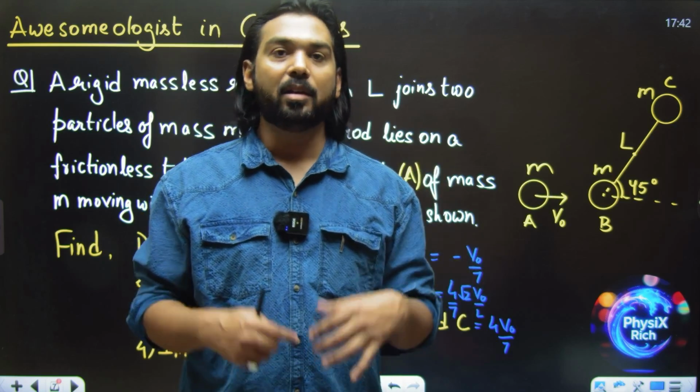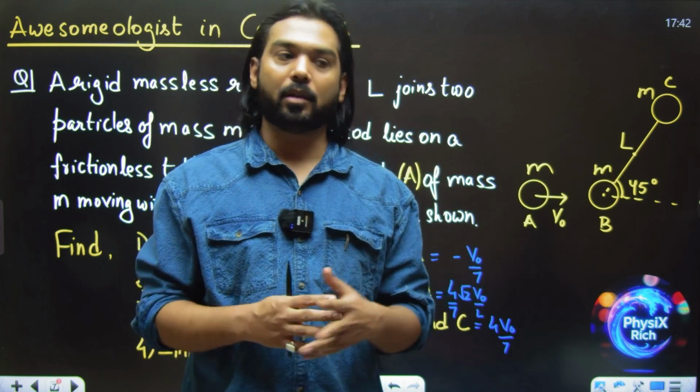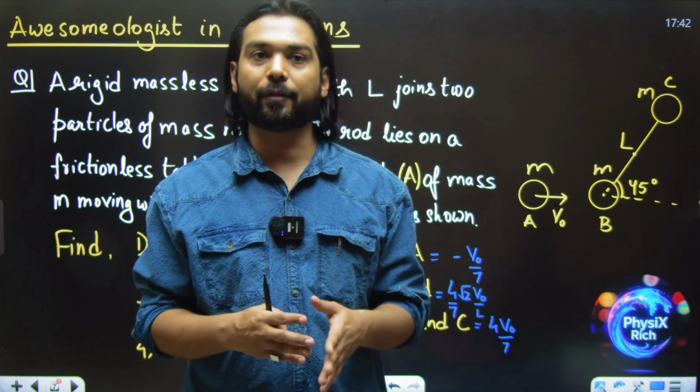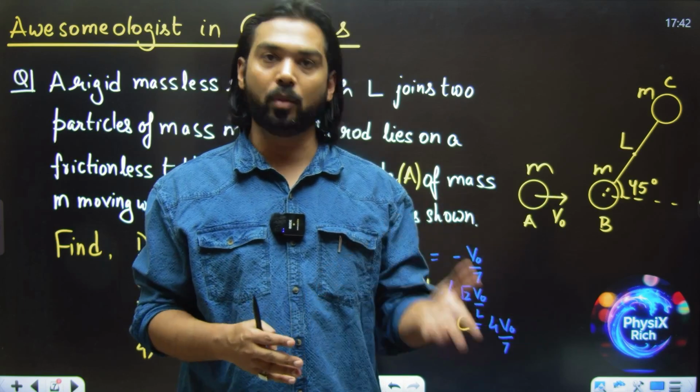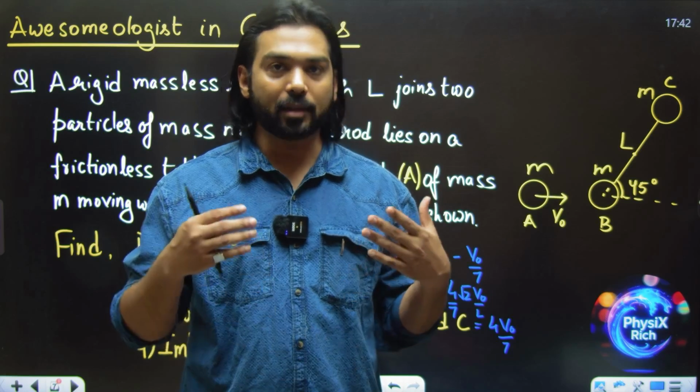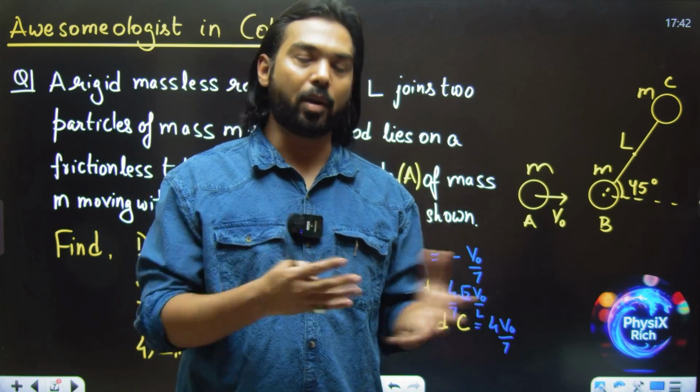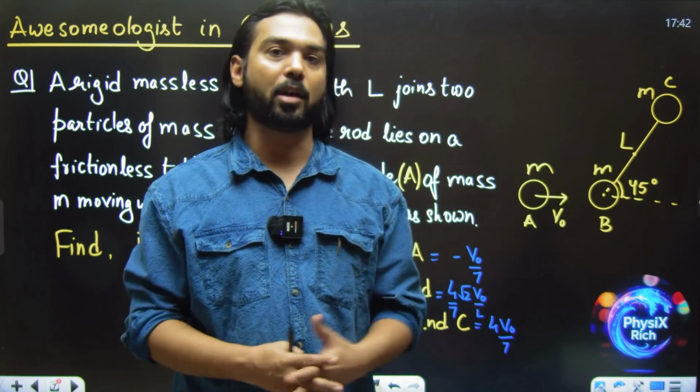What I'm trying to tell you is that the equations that you will get out of applying conservation of energy and putting E equals 1 in Newton's law of restitution give the same correlation. You will not get a new equation out of that.